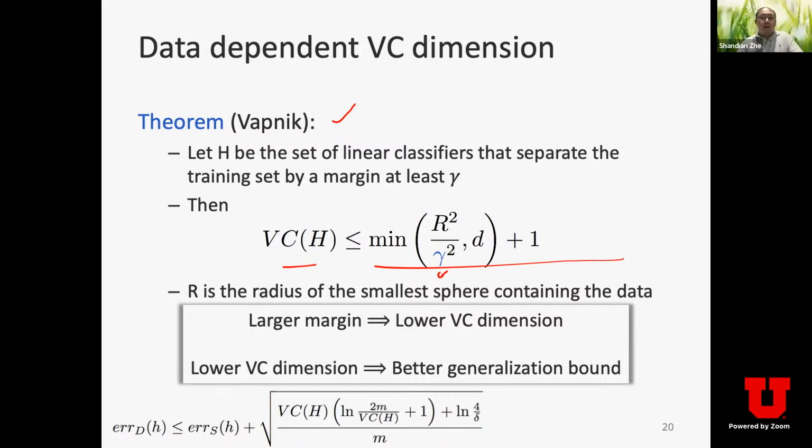That gives us the result: the larger the margin you choose, the lower the VC dimension of the corresponding linear classifiers, and then you get a better generalization error. Remember, this term is determined by the VC dimension.